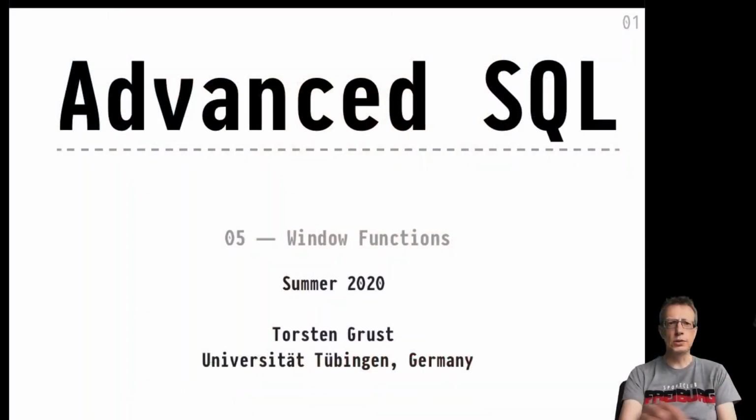Window functions are a rather recent addition to the SQL standard, and they are not that well known outside the SQL experts realm. So we are really entering the advanced SQL stuff by now. So let's see what's going on with window functions.